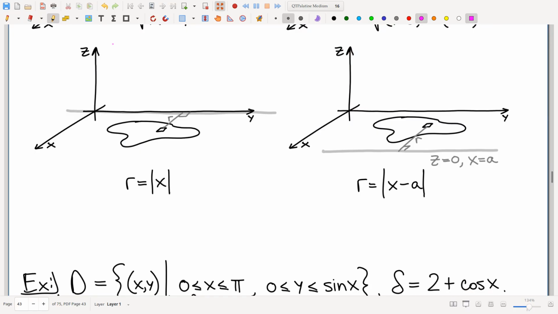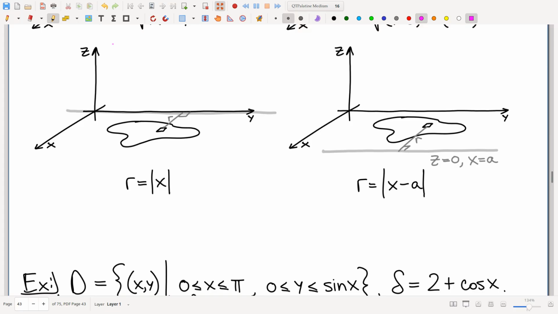How do you deal with this in practice? One approach that I do not recommend is to memorize a finite list of cases. Well, the axis is either going to be the x-axis, y-axis, z-axis, or maybe various different lines parallel to those axes, a finite list, right? And then just go off of those formulas. And there's two problems with that. First of all, I don't believe that you're going to be able to remember those your entire life. You might be able to remember them in time for the test. 10 years is a very, very long time, and I don't think you're going to remember, right?